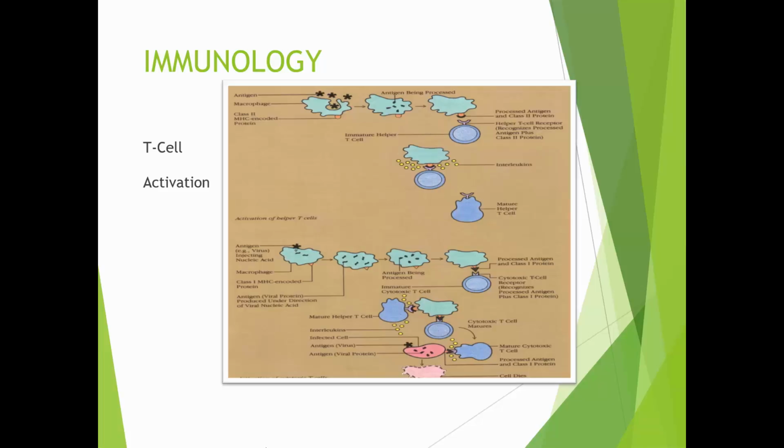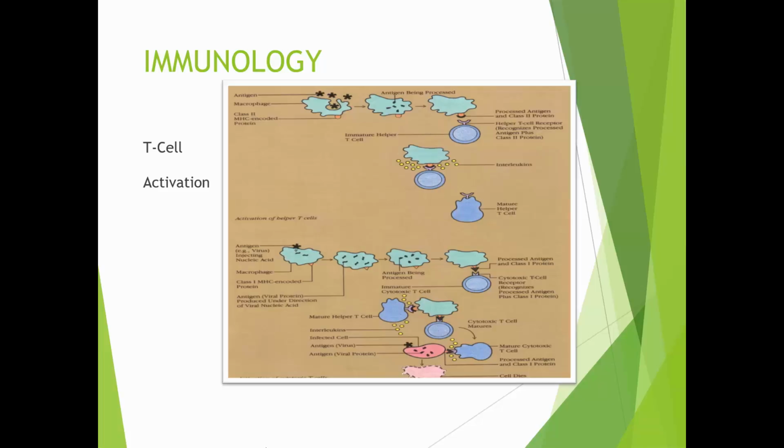That mature helper T cell that we made in the first part of this releases interleukin that assists in the maturation of the cytotoxic T cell. The mature cytotoxic T cell enters the circulation, finds the antigen-specific foreign body, and attaches to it.